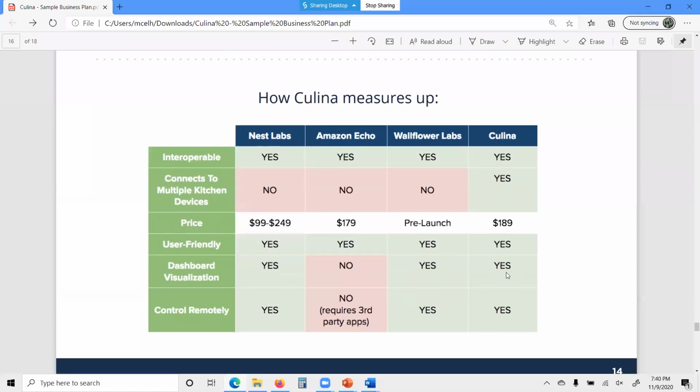So they show how their product stacks up against the competitors. Can they work together? Can they connect to multiple kitchen devices? The only one that could was Kulina's. Was it user-friendly? They all were. So basically, they were a little bit higher in price than the Amazon Echo, but did more.